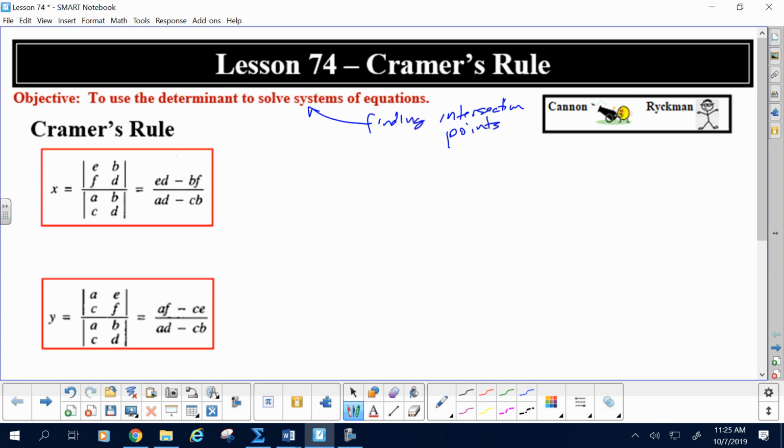If you would, given the system ax plus by equals e, and cx plus dy equals f, if I asked you to solve for x and y.